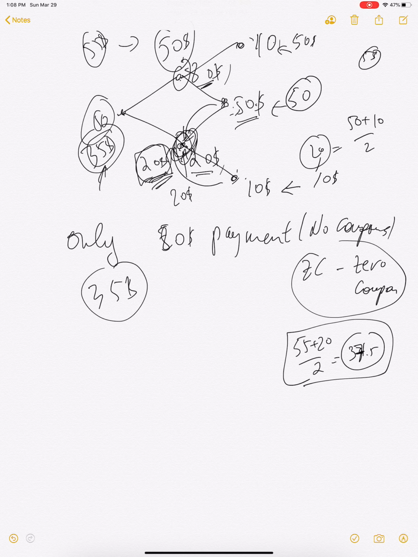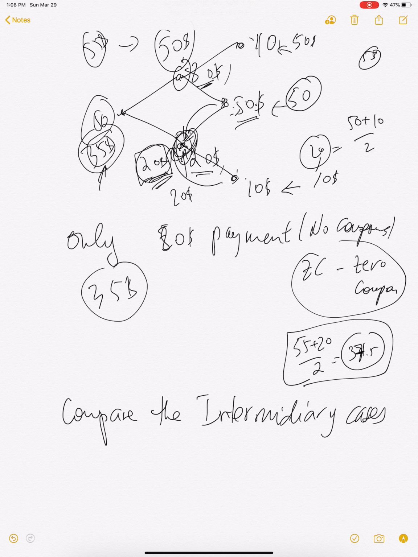Now, the rule of thumb of how to take over, what you want to do, is compare the intermediary cases to the total value of the bond.